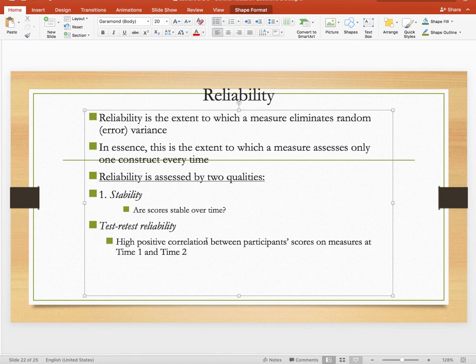Okay, so little stats tangent here. Correlations look at the relationship between continuous factors. In other words, we look at the relationship between factors that fall on a number line. That's all that we mean by that. Okay? When we talk about a high positive correlation, positive relationships occur when our scores go up together or they go down together.